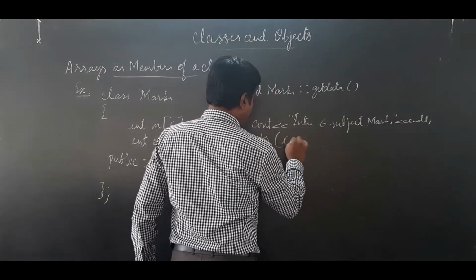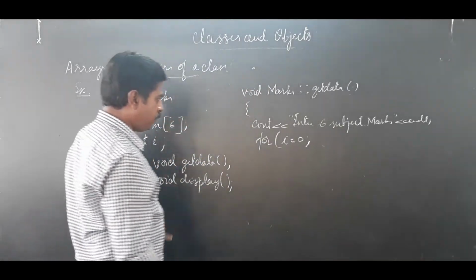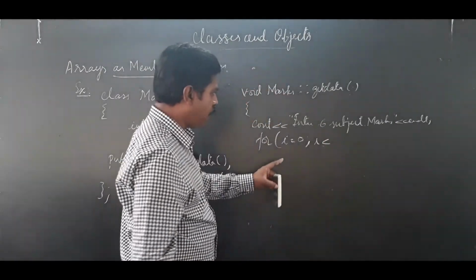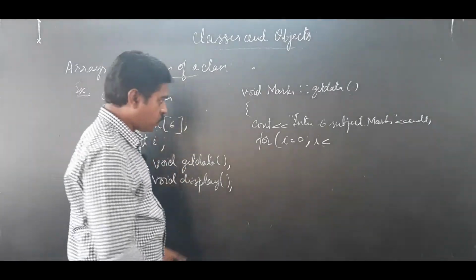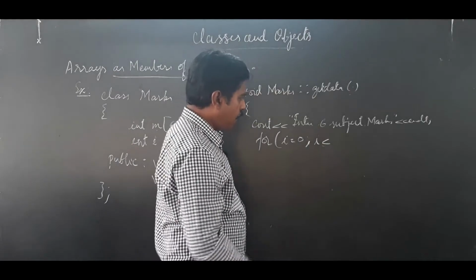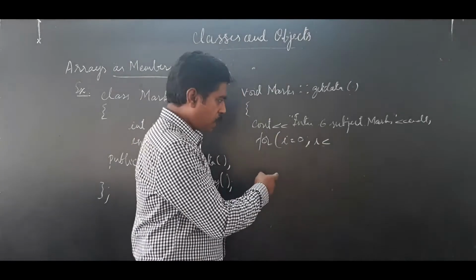Then I take the for loop. For i equals 0, i has been declared here as private. We are going to take 6 subject marks. The array size is 6, so I am not going to say n, since we know the number of elements we are going to consider, and we are going to run this for loop 6 times.